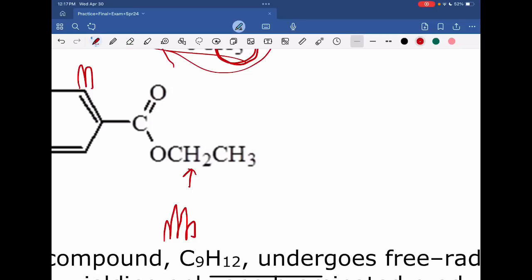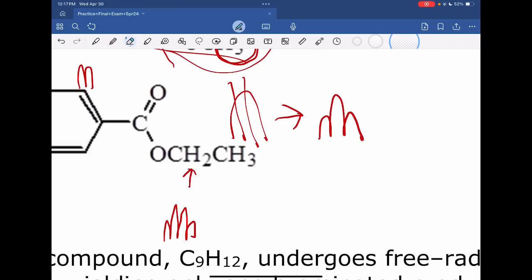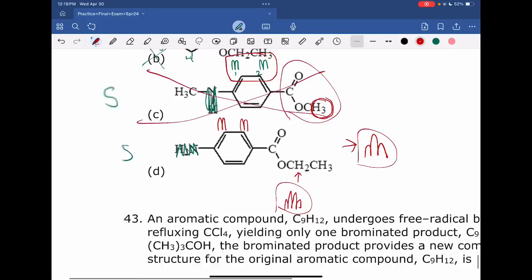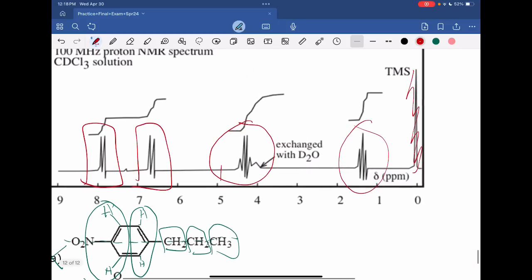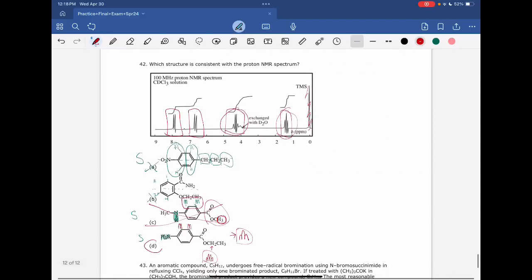So you had your peak, you cut it 2 times, and it's going to become 1, 2, 3. Looks like that. So quartet, triplet, quartet, triplet. So it's definitely D.